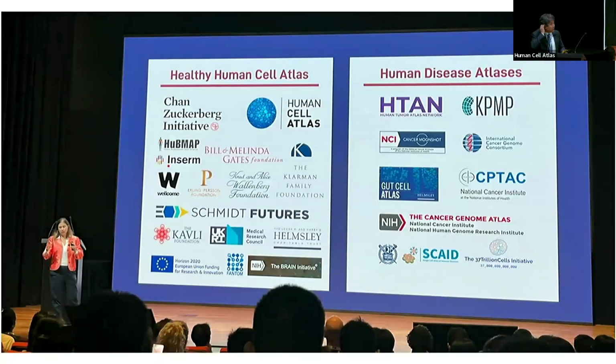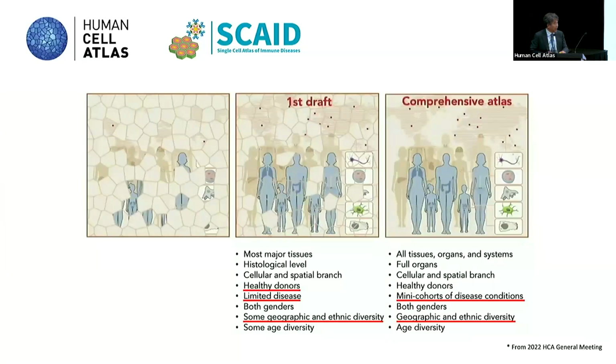As Sarah mentioned yesterday, SCATE is a part of the ongoing Human Disease Atlas initiatives. As you can see in the slide, our SCATE is perfectly aligned with the next phase of the HCA because it aims at more diseases and geographic and ethnic diversity.